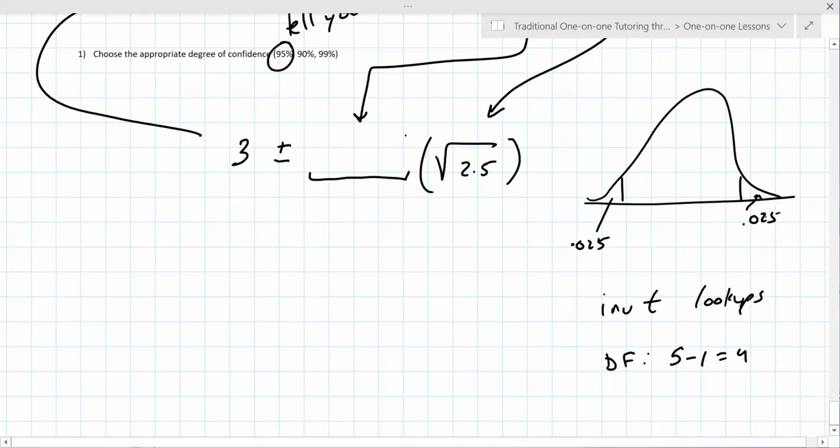But now you're looking for 0.025 in the tail. So let me give you that number, and you can see if you can see how I got that, or look on your chart or whatever you're using and see if it's 2.776. Yes.